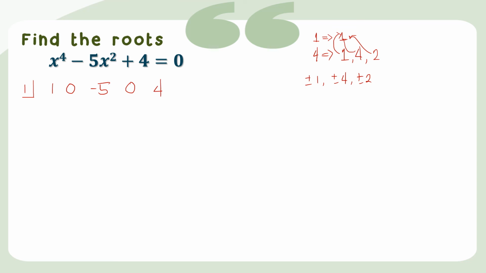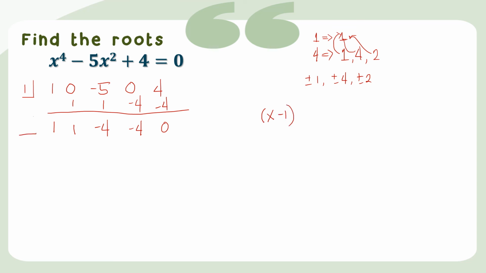Pag hindi kayo naglagay ng 0 ay mali ang inyong process. Okay? 1, 1, 1, negative 4, negative 4, 0. So our first factor is x minus 1.